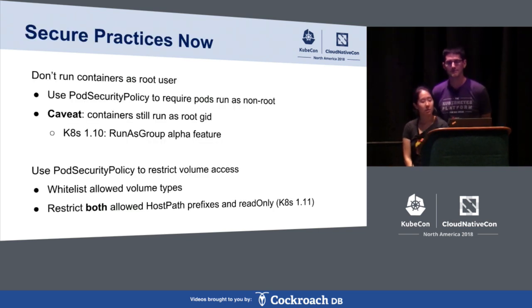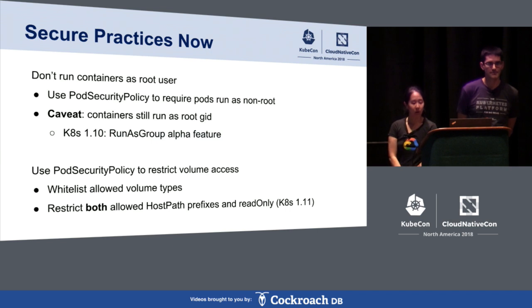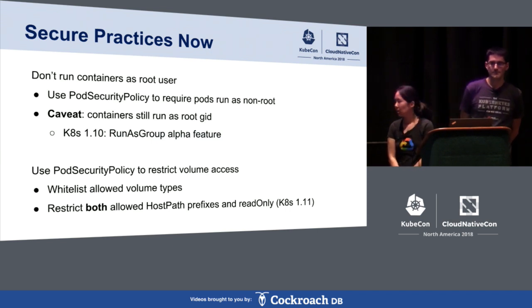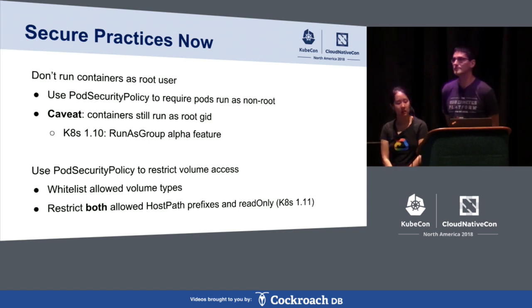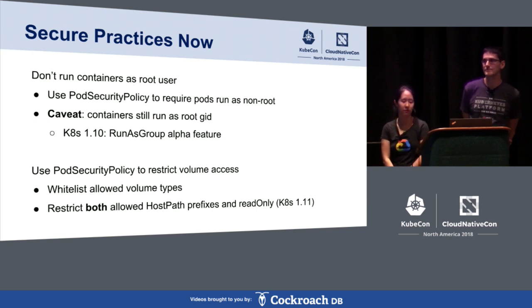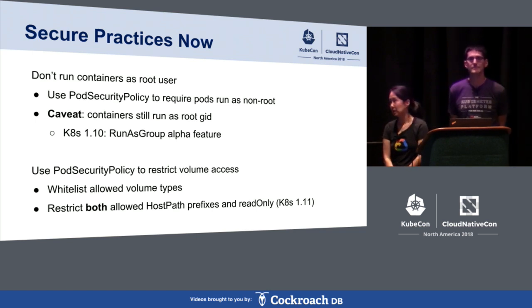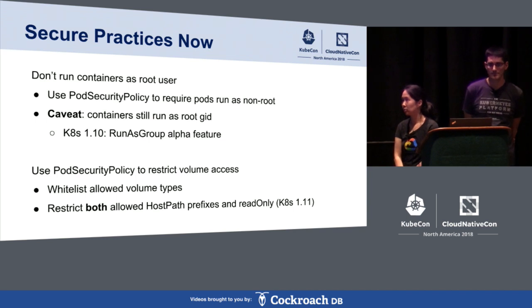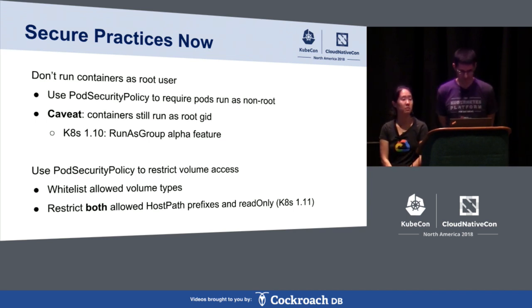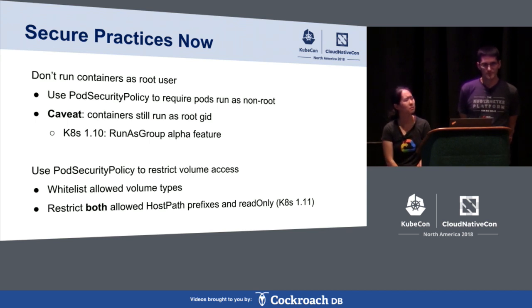First, I recommend that you don't run your containers as the root user whenever possible. For this particular vulnerability, if a container was exploited and got access to the host file system, then the damage it could have done would be limited to only those files that the user has permissions to access.